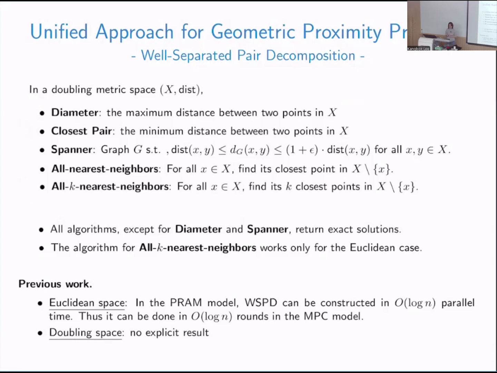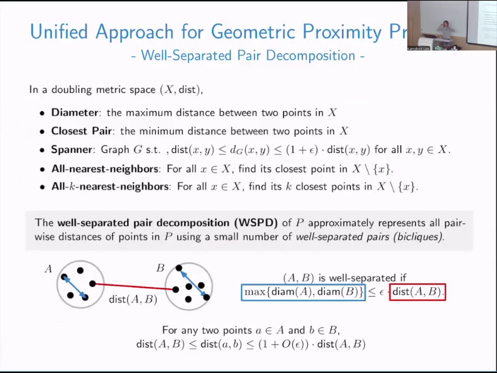Okay, then I will define the notion of WSPD. We are given a point set, then the number of pairs in this point set is quadratic. So the number of different pairwise distances is quadratic as well.